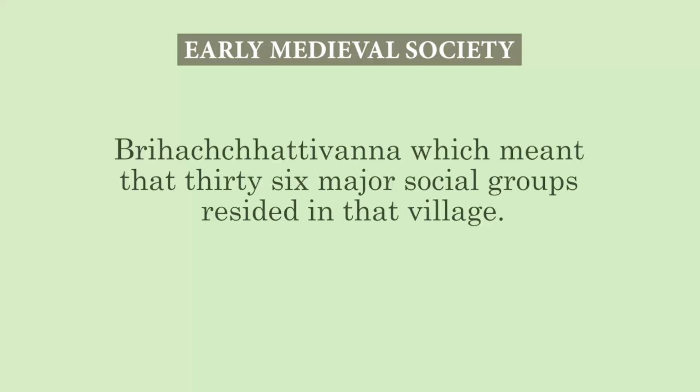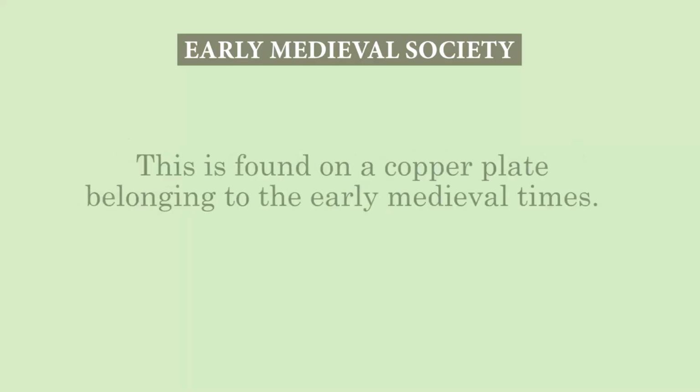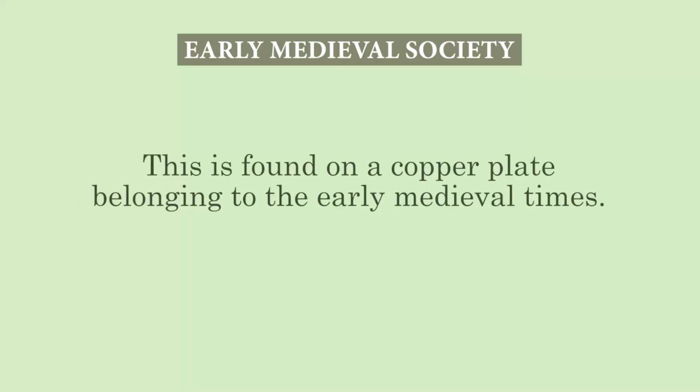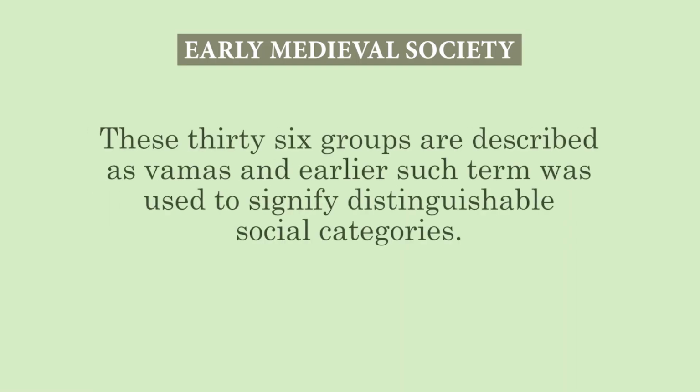That is a village where 36 major social groups resided. This is also corroborated by a copper plate belonging to the early medieval times. These 36 groups are described as Varnas, and earlier such a term was used to signify distinguishable social categories.